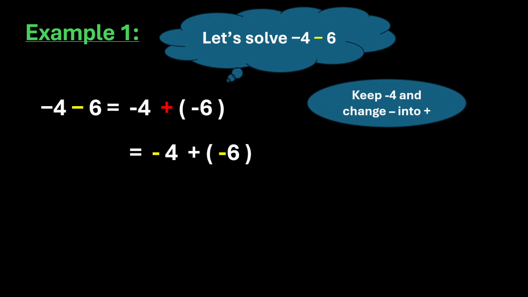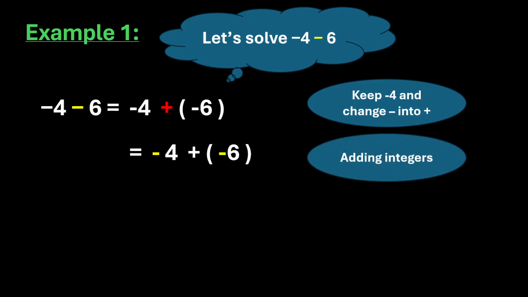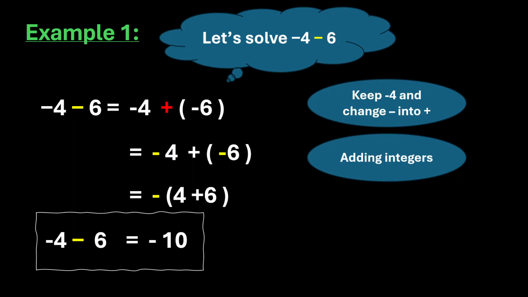Now, adding the integers, minus 4 plus minus 6, the two numbers have the same sign. We keep the sign minus and we add the absolute values, 4 plus 6, which means the result is minus 10. Okay, that's easy. So you have to respect the steps.